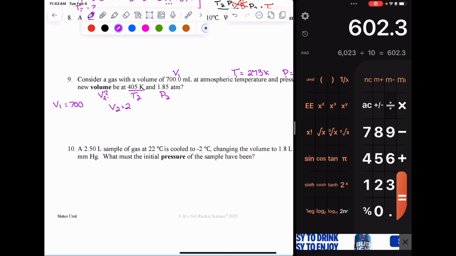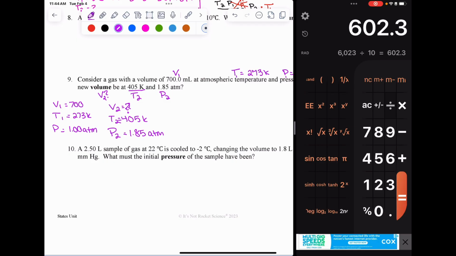V2, we don't know. T1 is 273 Kelvin. T2 is 405 Kelvin. P1 is 1 atmospheric unit. P2 is 1.85 atmospheric units.